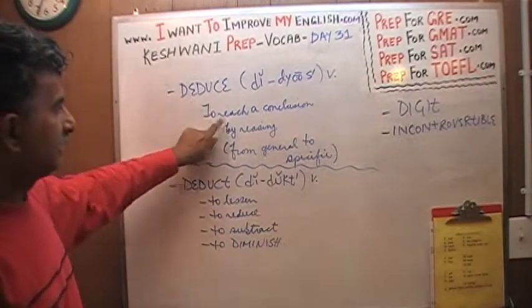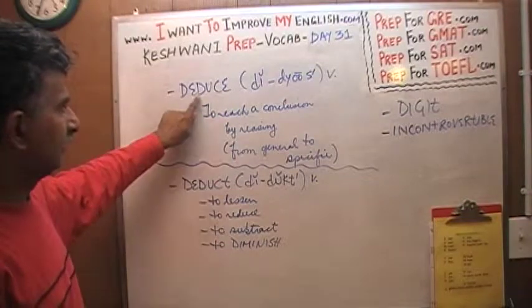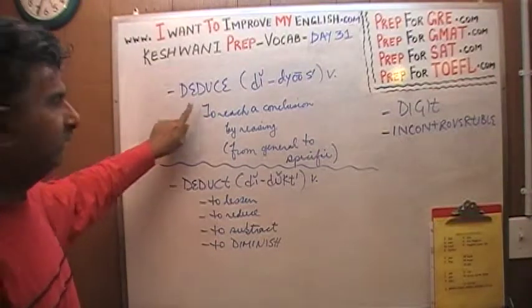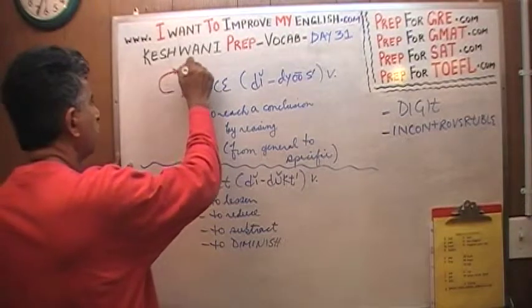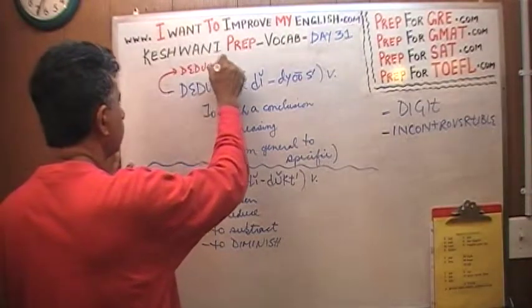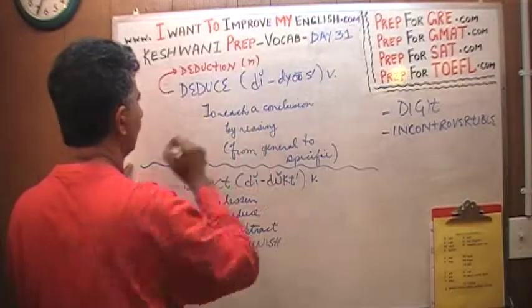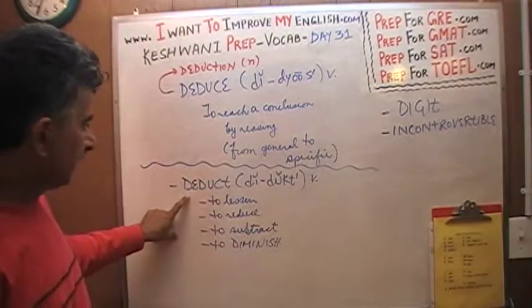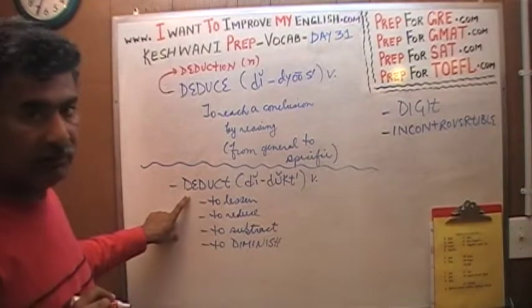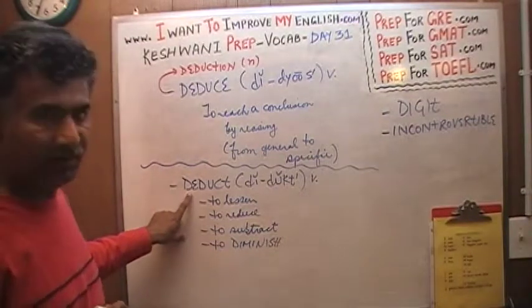Deduce, to reach a conclusion by reasoning. And if you're deducing something, you are making a deduction. That is the noun. Deduction. Let's cover this word. Deduct. That is why it is important to pay attention. This word is deduct.